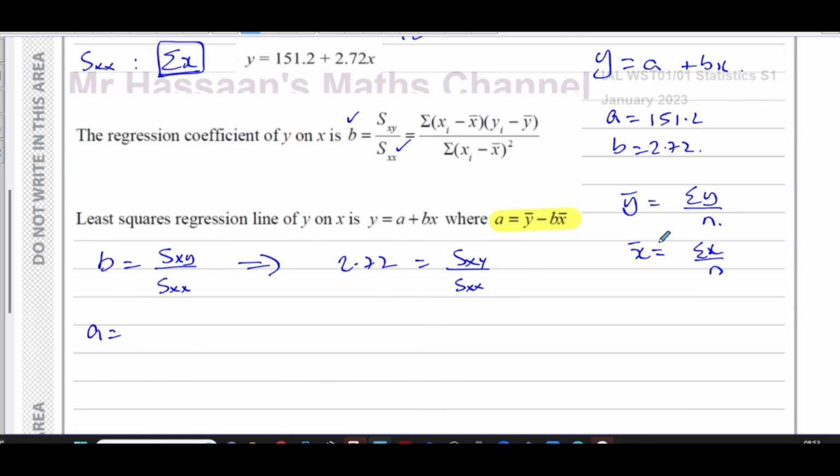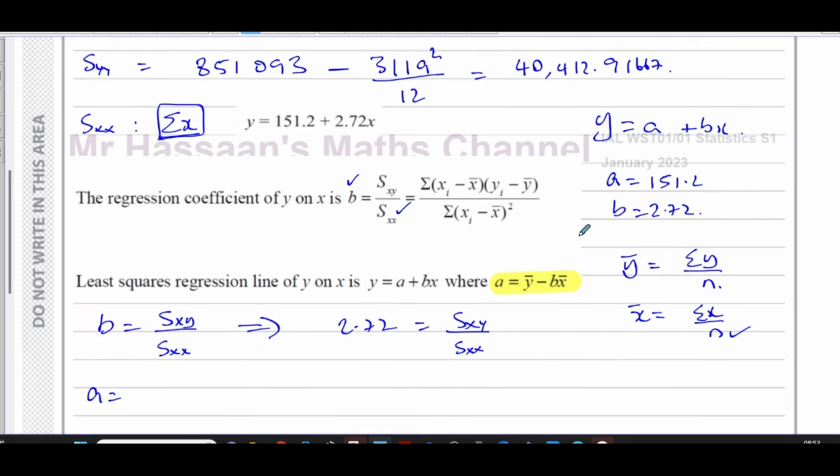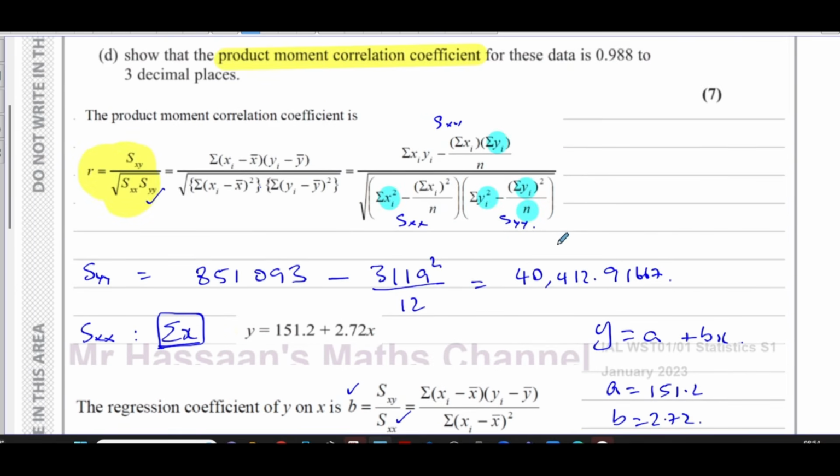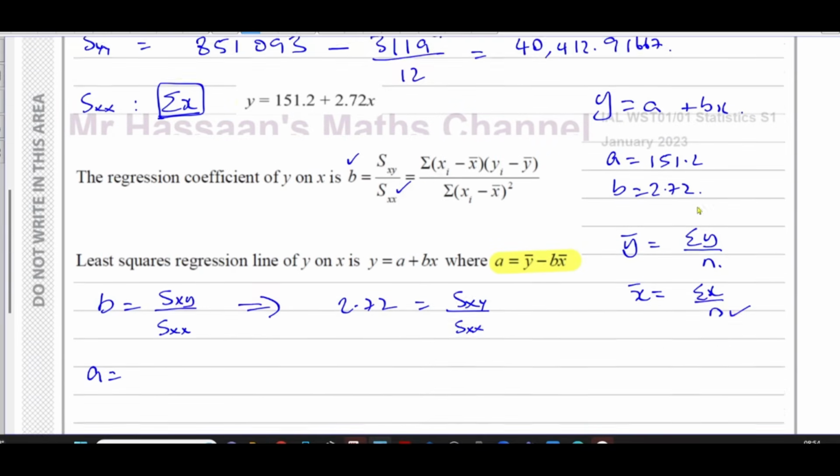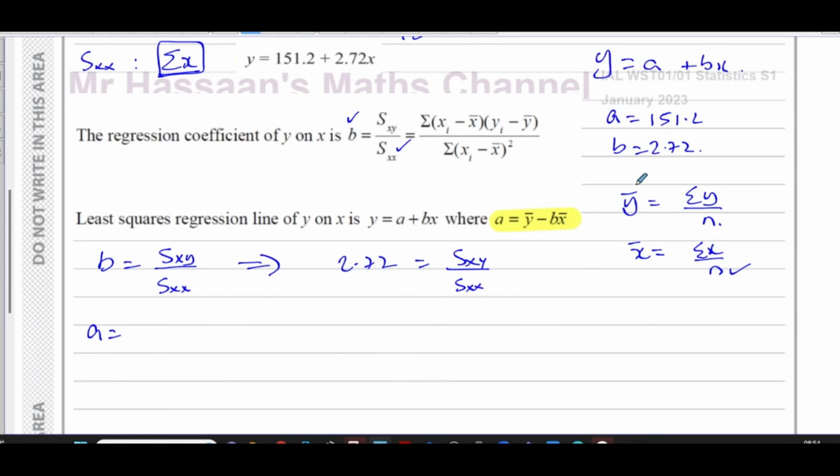So I know n, okay, and I can work out what the sum of x is because I have all this information. I know the mean of y. I can work out the mean of y because I have the sum of the y terms. It's going to be this divided by 12. So I can work out what this is.